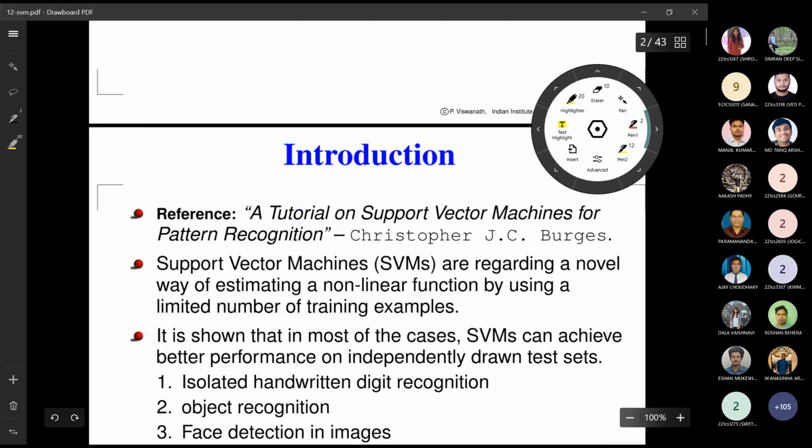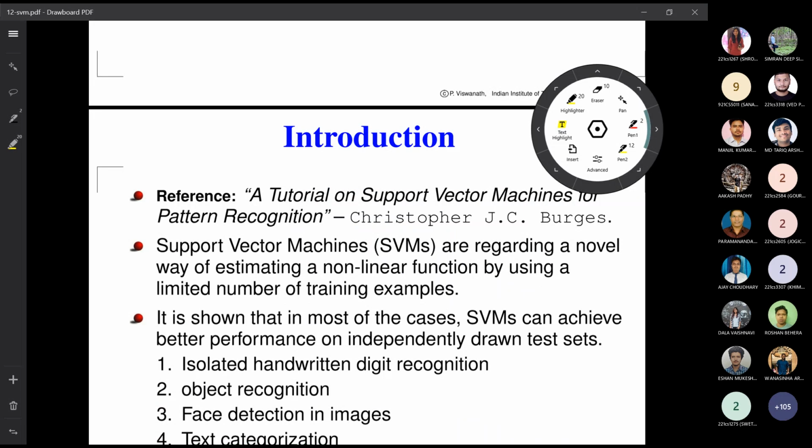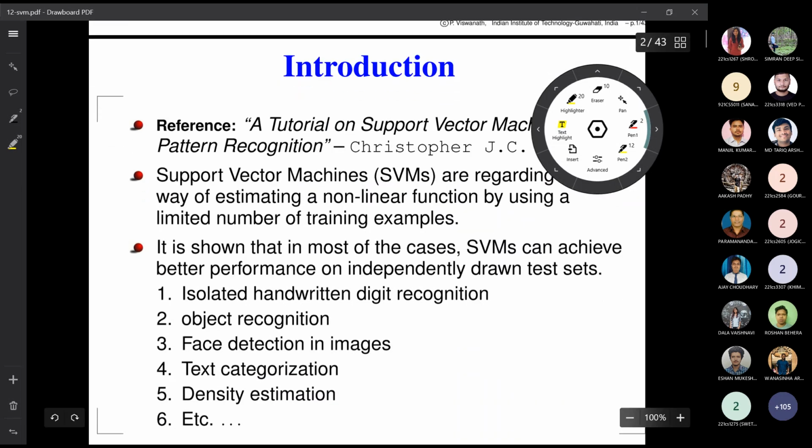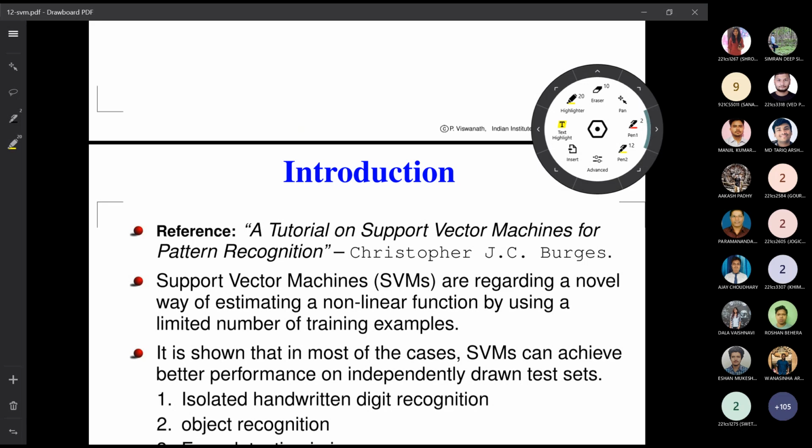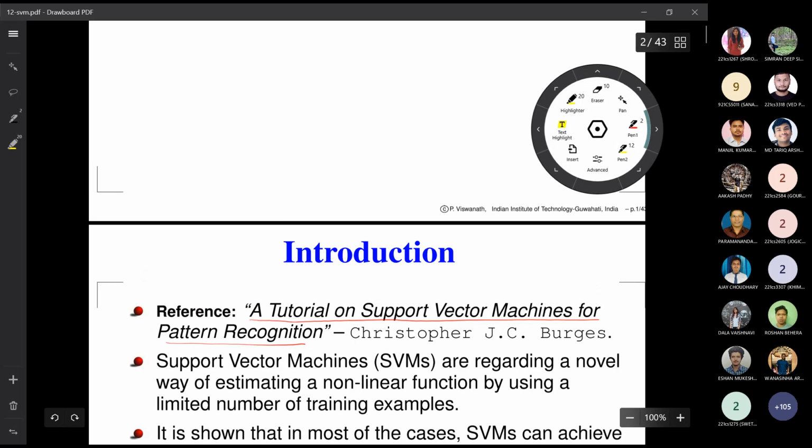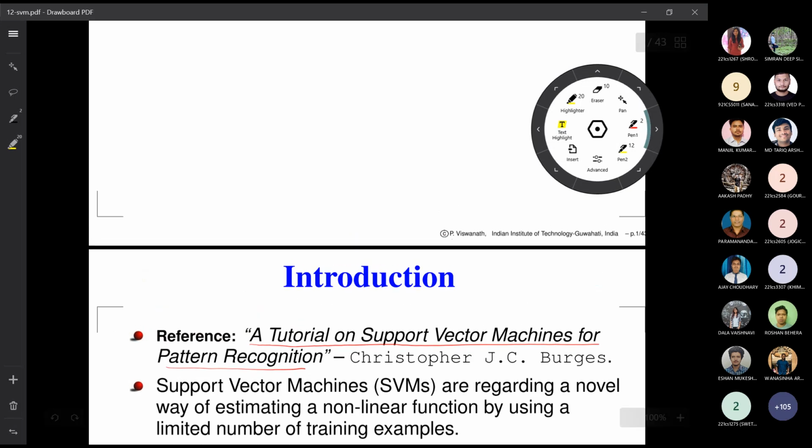Let me check. For the people who are really interested, they can go through this part. This is the tutorial, and this slide is taken from IIT Guwahati.